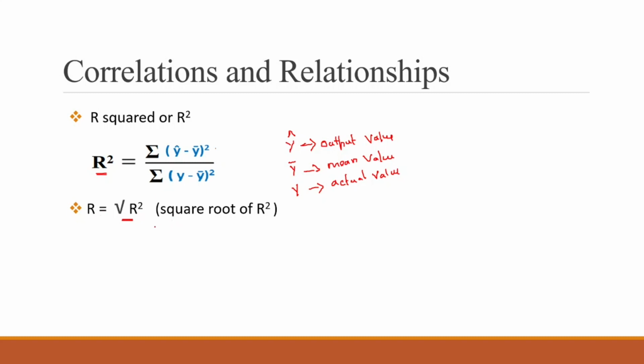R gives me the coefficient of correlation, which determines how good the relationship between the independent and dependent variables is, and R square gives me the variance, normally represented in percentage. So I should be able to evaluate the model using this R square. Using these two metrics I should be able to evaluate the solution.